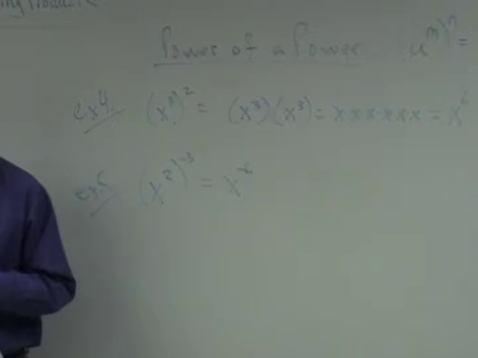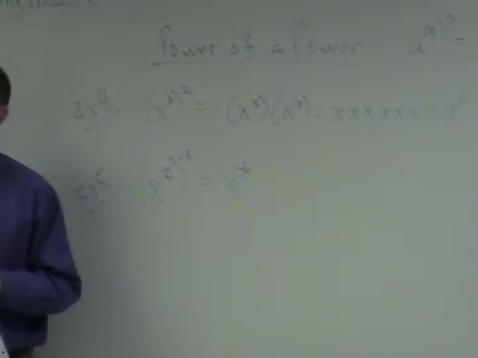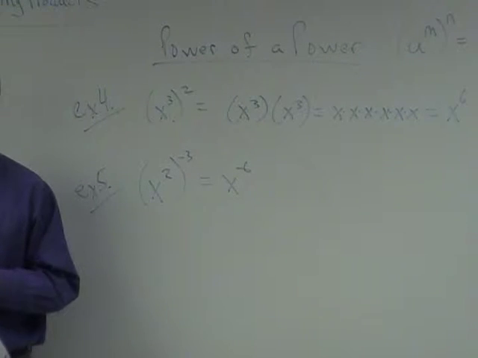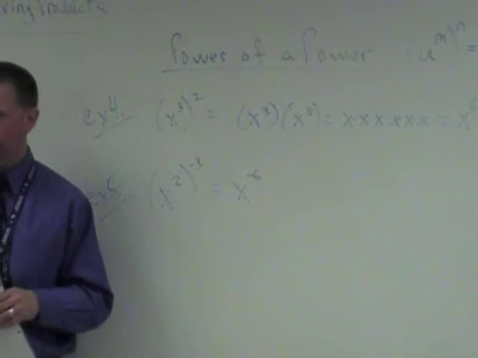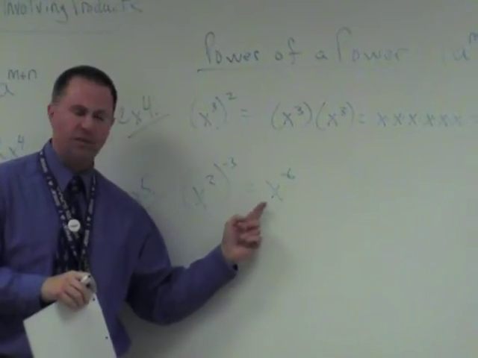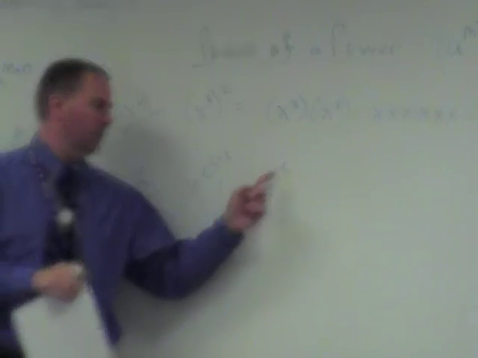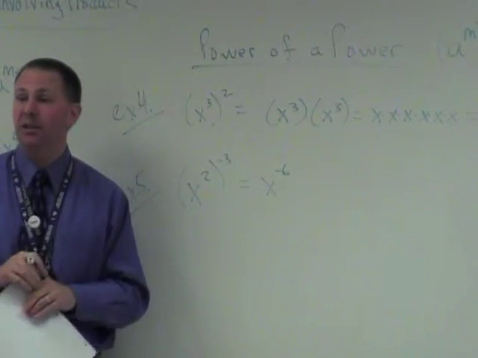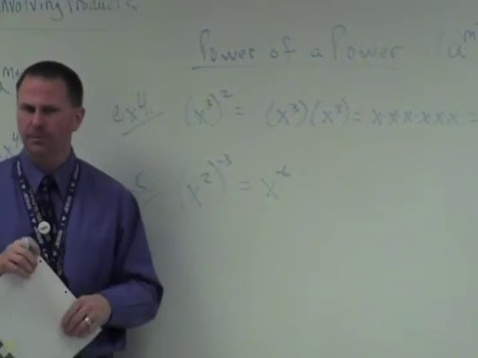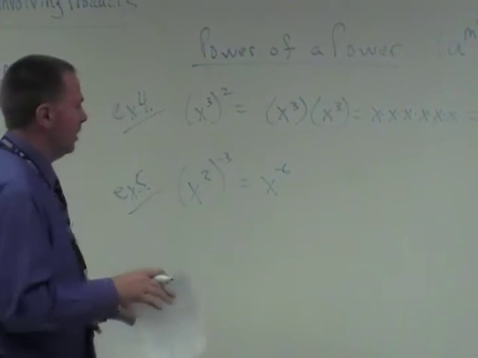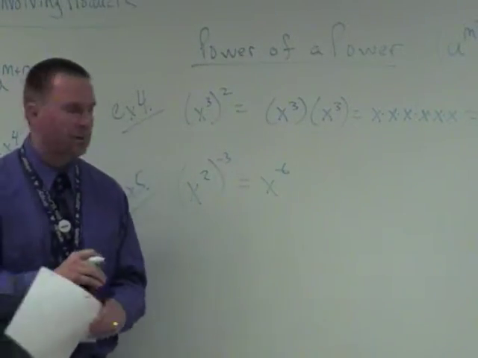Negative exponents or positive exponents have no bearing on whether or not the value of the whole expression is positive or negative. This does not mean that this value is negative. The negative on an exponent means something different. Again, we'll learn that later this week, maybe tomorrow. So all you do now is just understand that that's how you get your exponent.